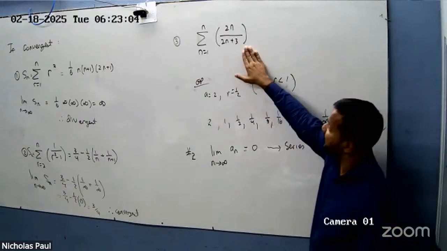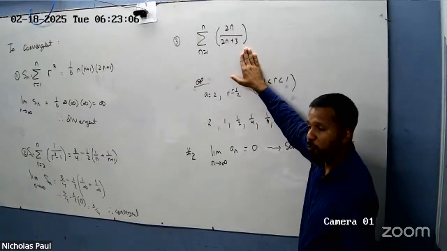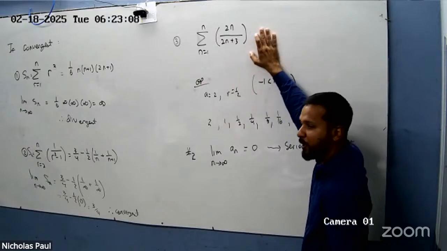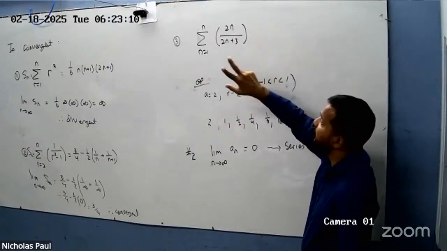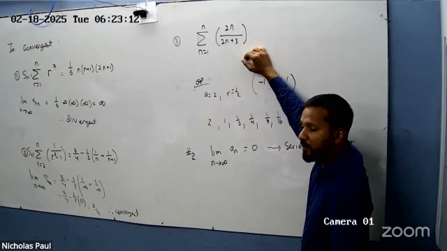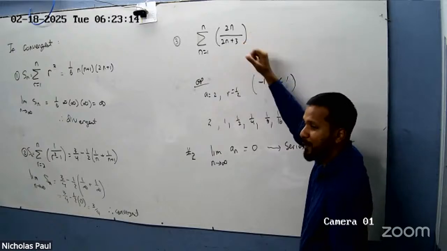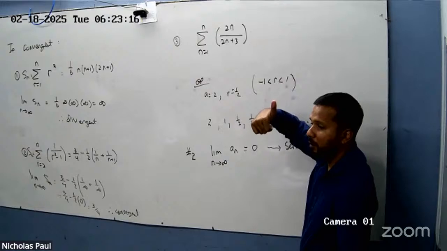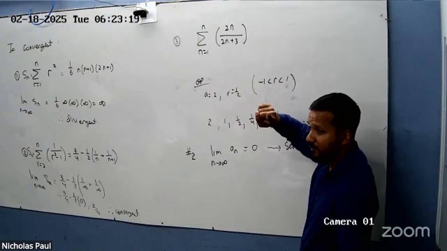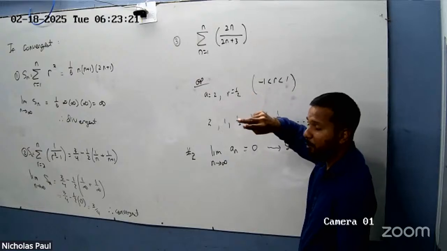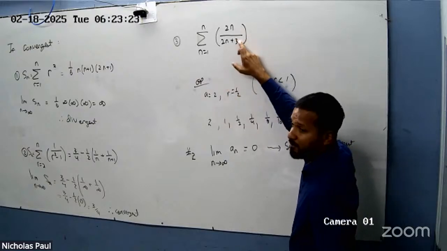Can you help me simplify this one? What do you use here? Two methods to simplify limits. Two methods are what? Factorize first, and then divide by the highest power. Can you factorize here?